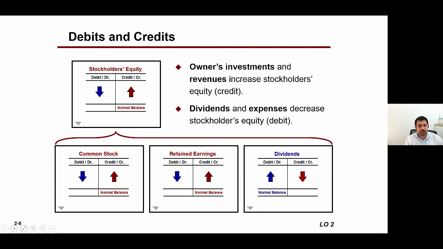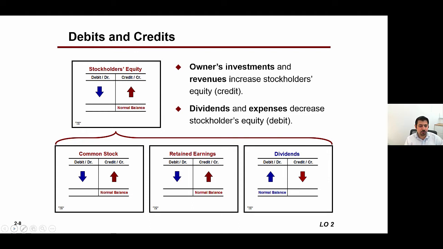Stockholders' equity is slightly different. We need to think about it from the perspective of how each account, like common stock, retained earnings, etc., affects stockholders' equity. So dividends and expenses, when they increase, decrease stockholders' equity.